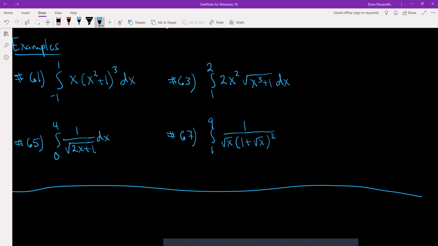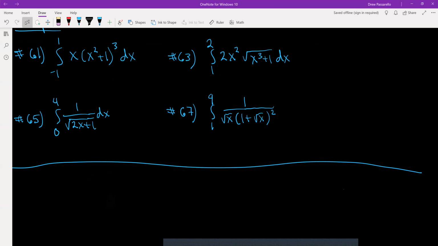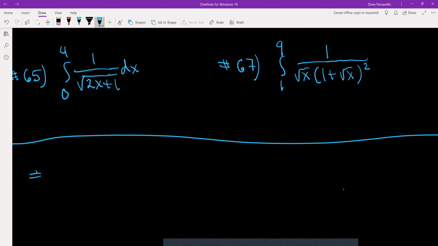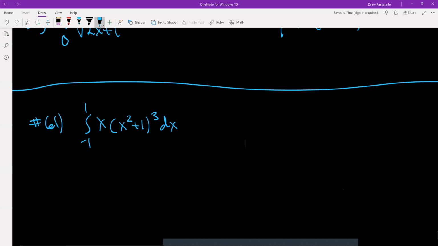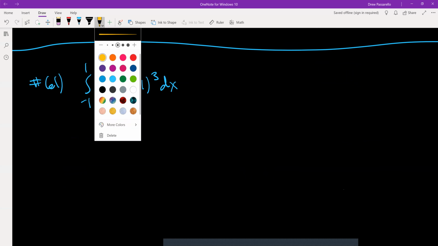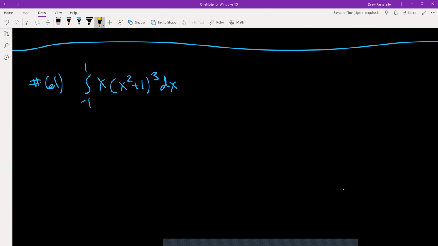All right, so number 61, we're integrating from -1 to 1 of x times x squared plus 1 cubed dx. So I'll let u be the more complicated stuff, the stuff in parentheses, the x squared plus 1.